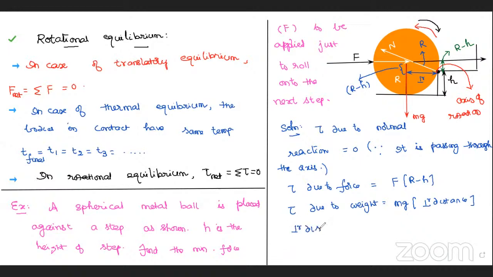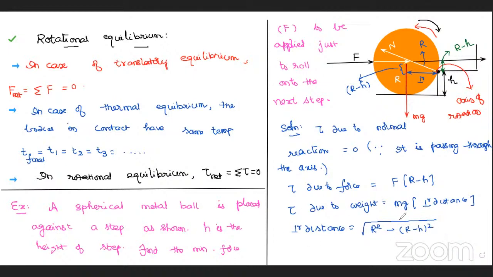Using it, the perpendicular distance is the square root of hypotenuse squared, that is R squared, minus the other side squared, which is (R minus H) whole squared. Understood this step?